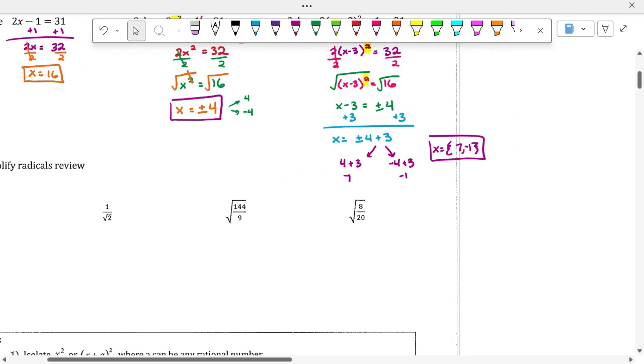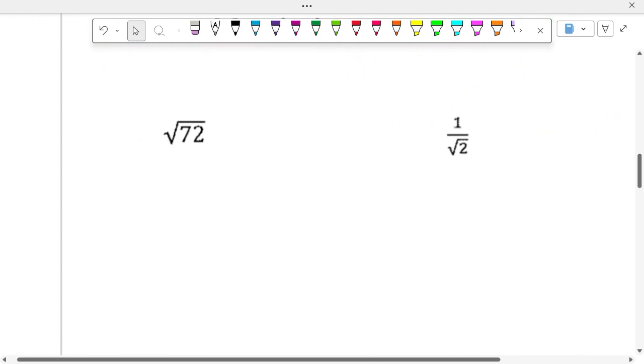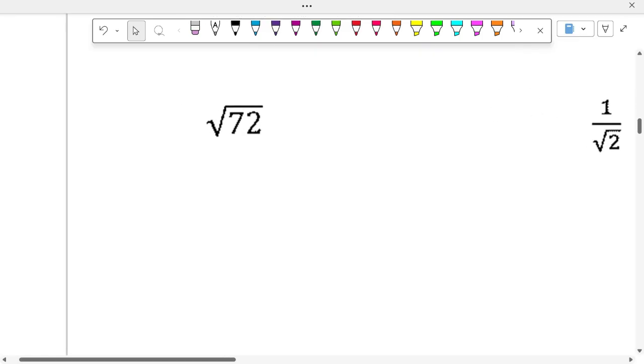Good. Now, let's do some radical review real quick. So we talked about this yesterday. Simplifying radicals. What's my first step to simplify 72?